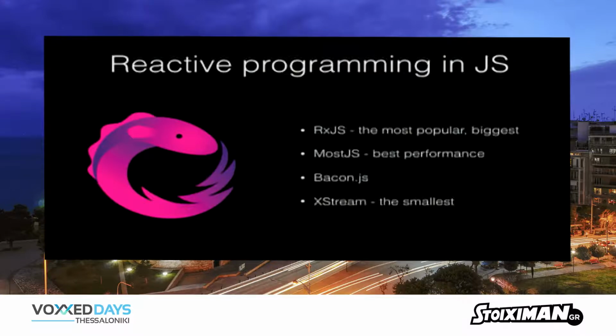And it's the smallest one, so it only really gives you those 20 or 30 functions that you are going to use every time. And also one thing to mention, these 4 libraries have the same paradigm behind them, so it's really easy to migrate from one to another, because they have mostly the same functions, except RxJS that has even more.